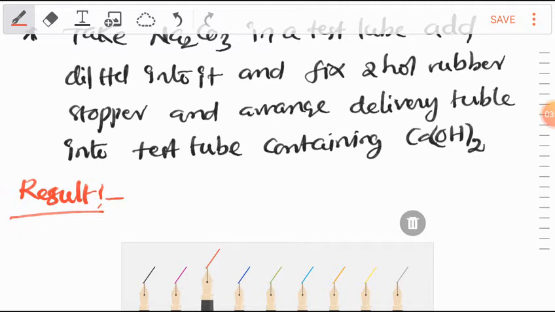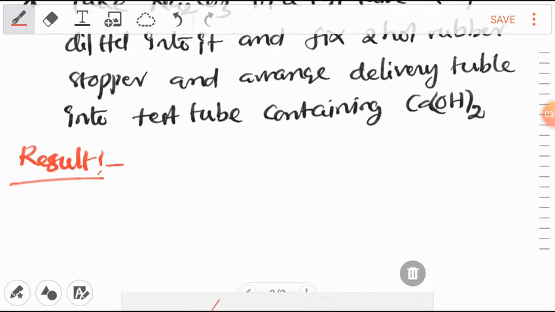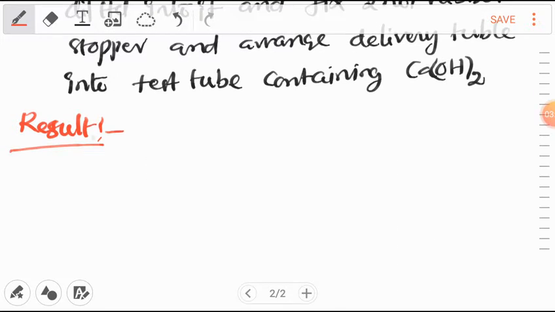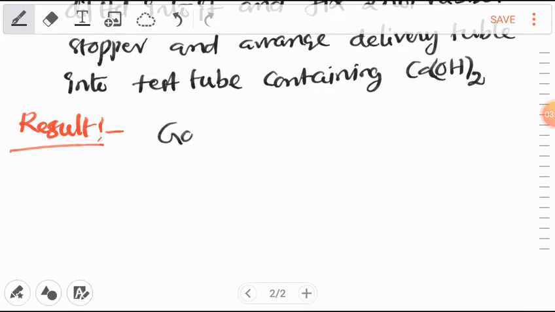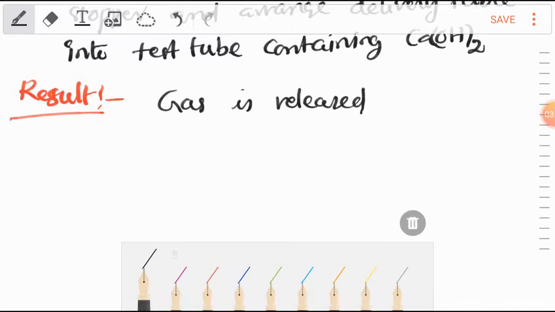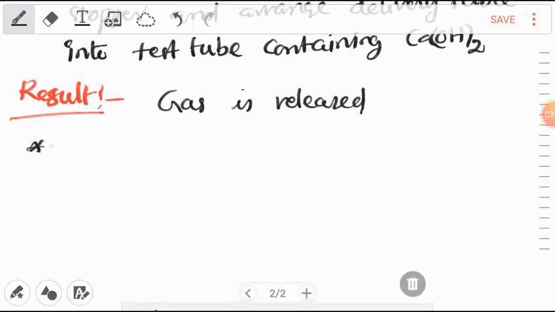Of your own you can write the stand arrangement and the 2-hole rubber stopper with one thistle funnel to pour HCl, all we can write. Okay, so the main concept I am writing. Result: gas is released. Next observation or result.